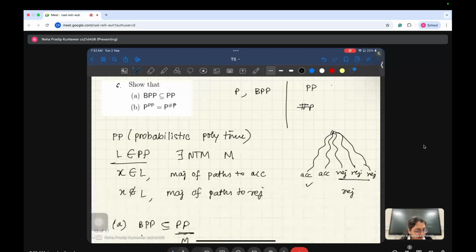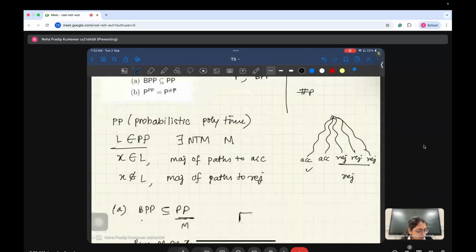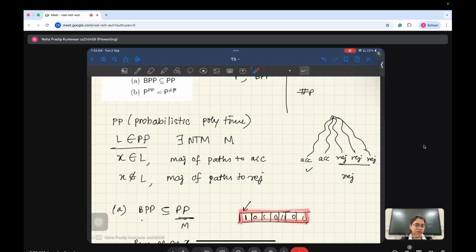So with that I sort of know the first bit. Think of the number of accepting paths as a binary number, and what it tells me is whether this digit is 1 or not. Take a moment to think about this. If this is the total number of accepting paths represented in binary, and the majority of them are accepting, this bit is going to be 1. If the majority of them are rejecting or not accepting, then this bit is going to be 0.